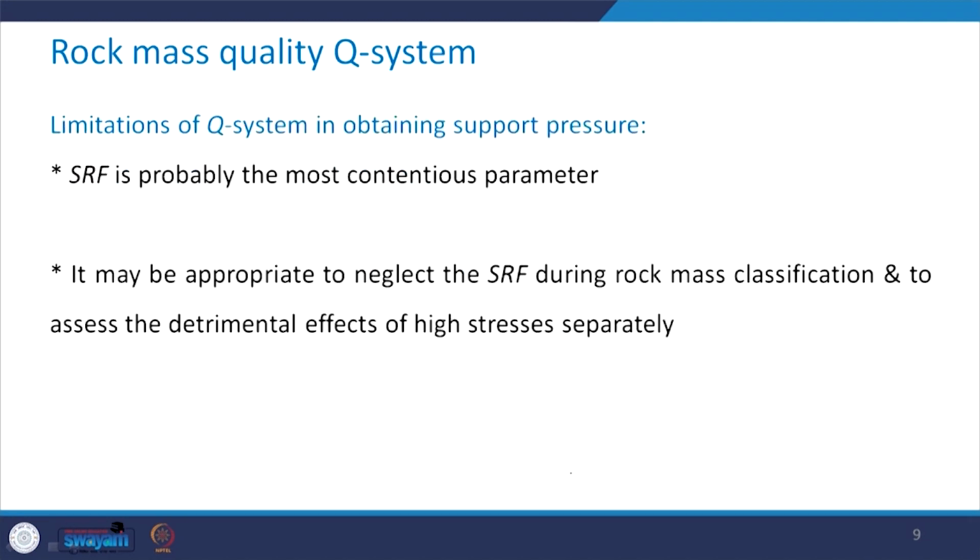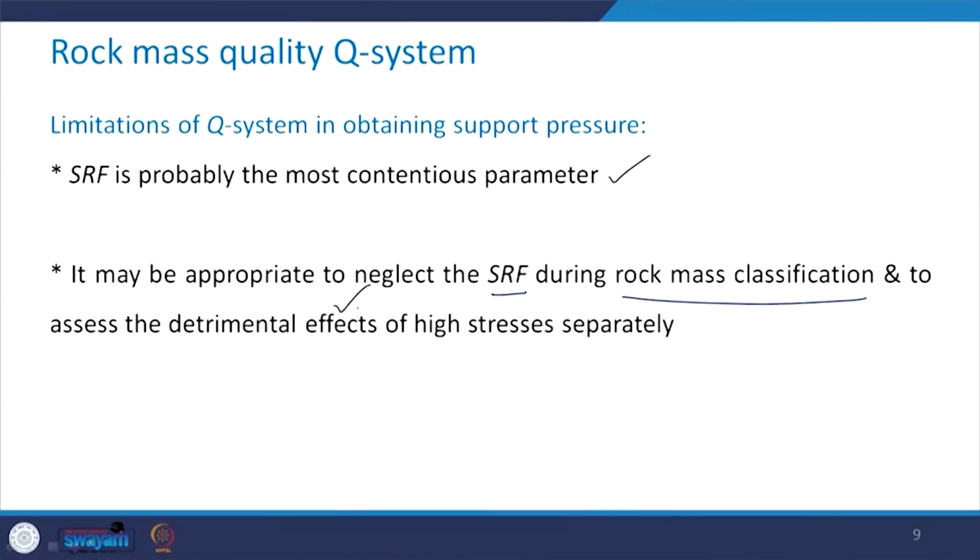Some of the limitations while obtaining the support pressure as far as the Q system is concerned include, with respect to SRF, that the SRF is probably the most problematic parameter in the evaluation of Q. So, it may be appropriate to neglect SRF during the classification system and to assess its detrimental effects of high stresses separately during the analysis.